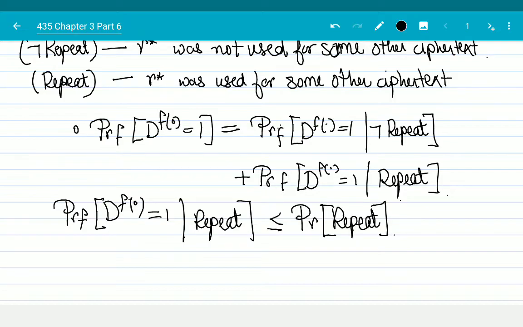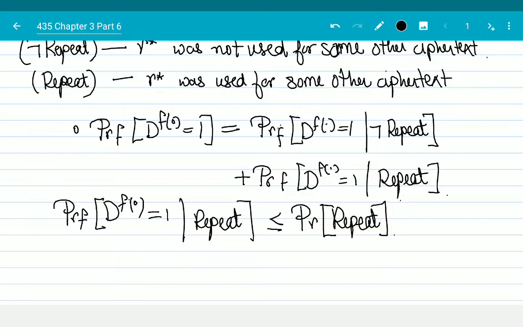The major reason for this is that if R is repeated, then in a query that you made, R was repeated.